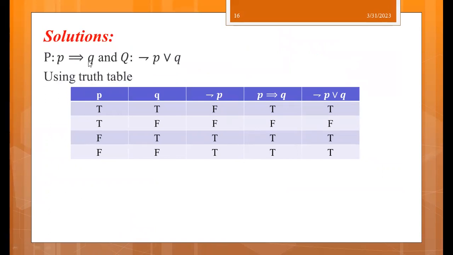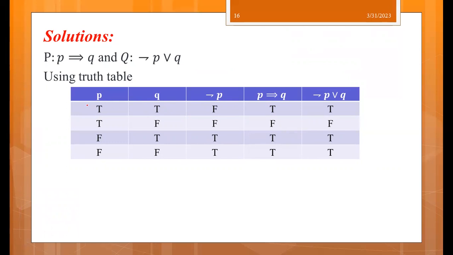using a truth table. Here the first component statement is P implies Q. The second one is negation of P or Q, so that the component statements for this one are P, Q, and the negation of P. The possibilities for the truth values of these two component statements are four, so that the truth value for this first compound statement, which is P implies Q, will be this one.